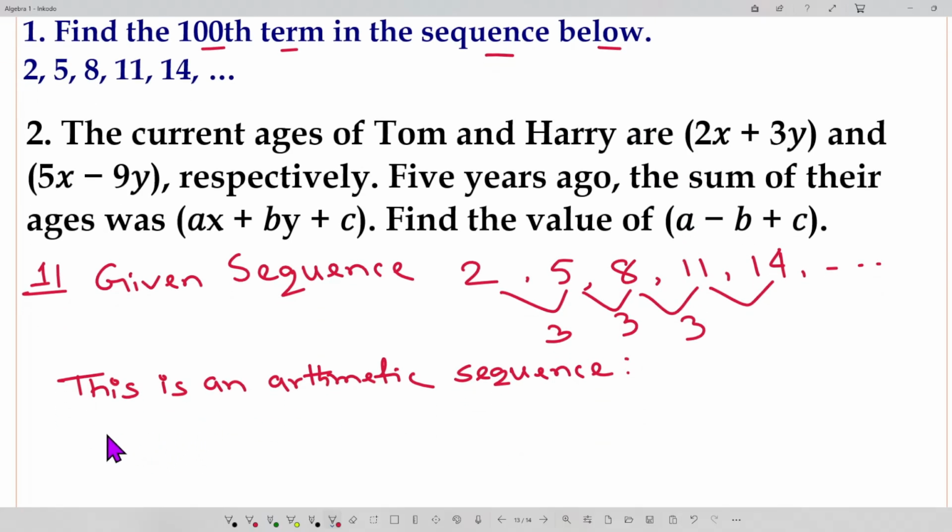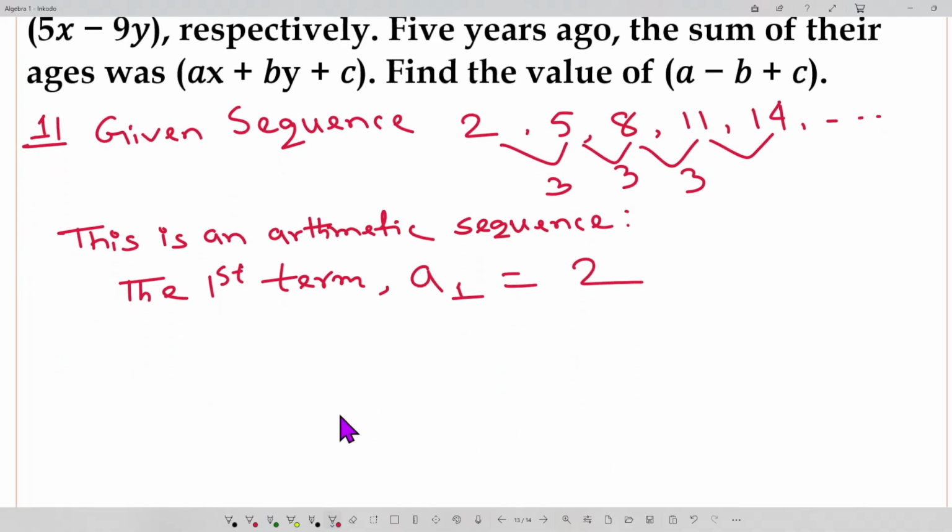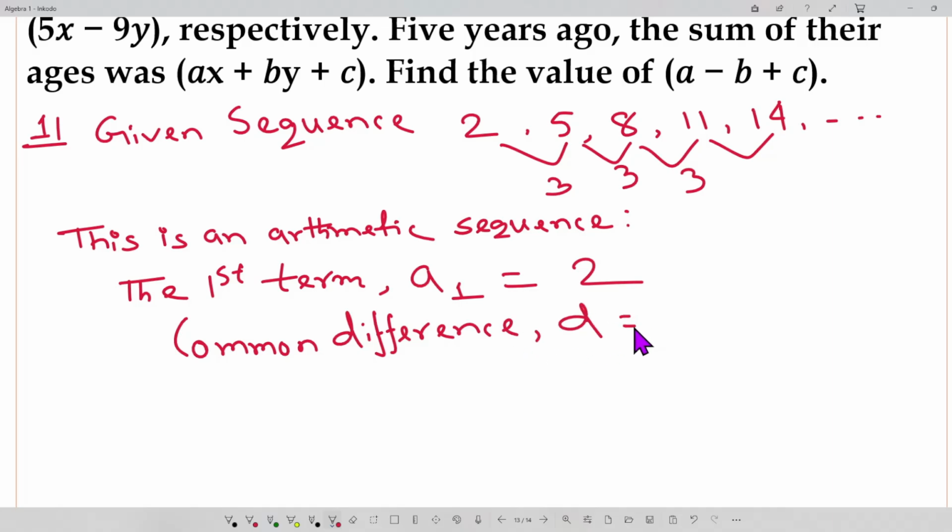Then the first term a1 equals 2. Common difference d equals 5 minus 2, or we can say 11 minus 8, equals 3.